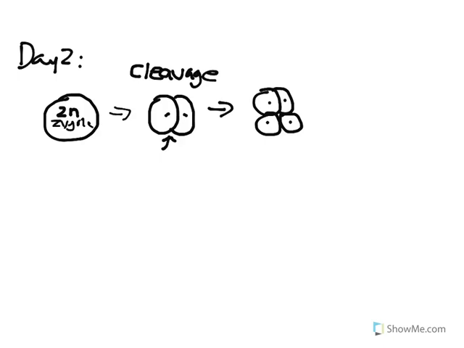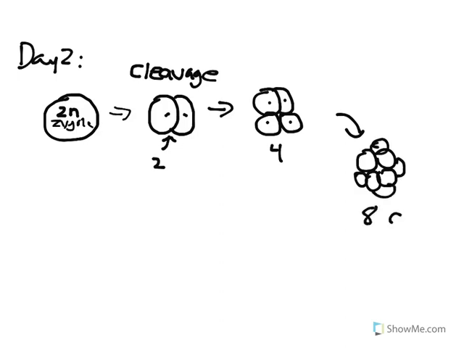Then we had 2 cells, we have 4 cells, and then 1, 2, 3, 4, 5, 6, 7, 8. We have an 8-cell mass. Now here we have something very interesting that happens. We have an 8-cell mass of cells called blastomeres. Each one of these is referred to as a blastomere.